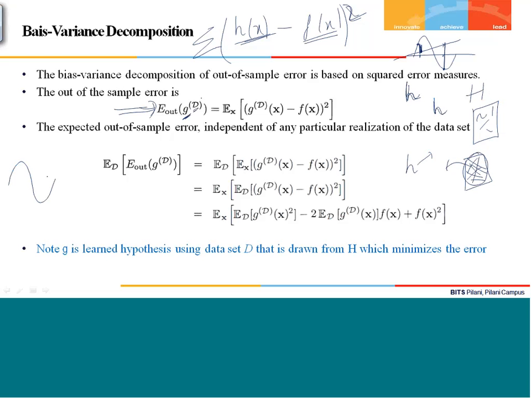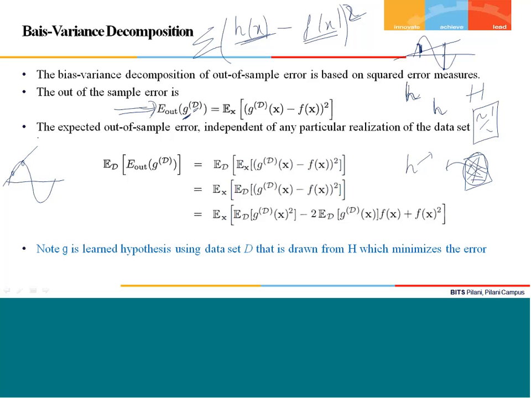This is, let's say, my true function. I don't know this true function, right? And somebody gives me a data set and asks me to find the line which can fit this data. So I fit this line using this data.